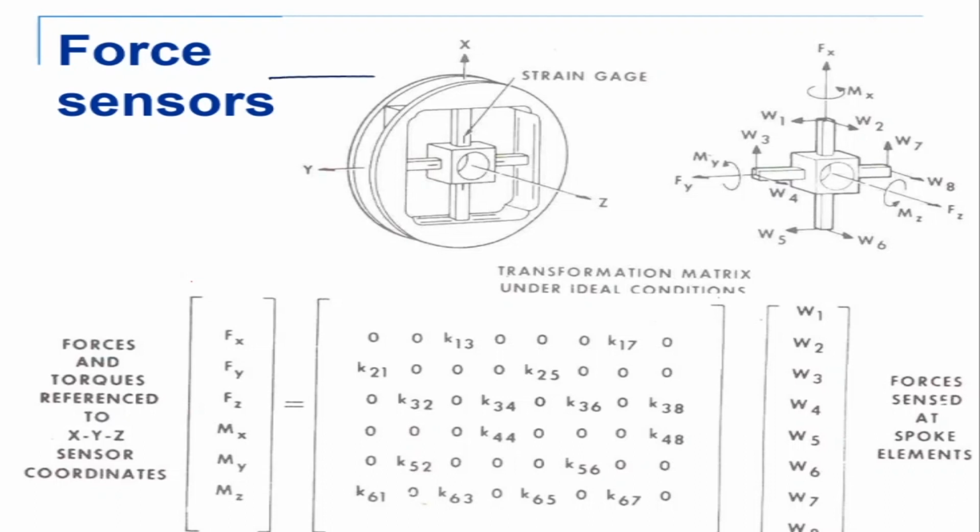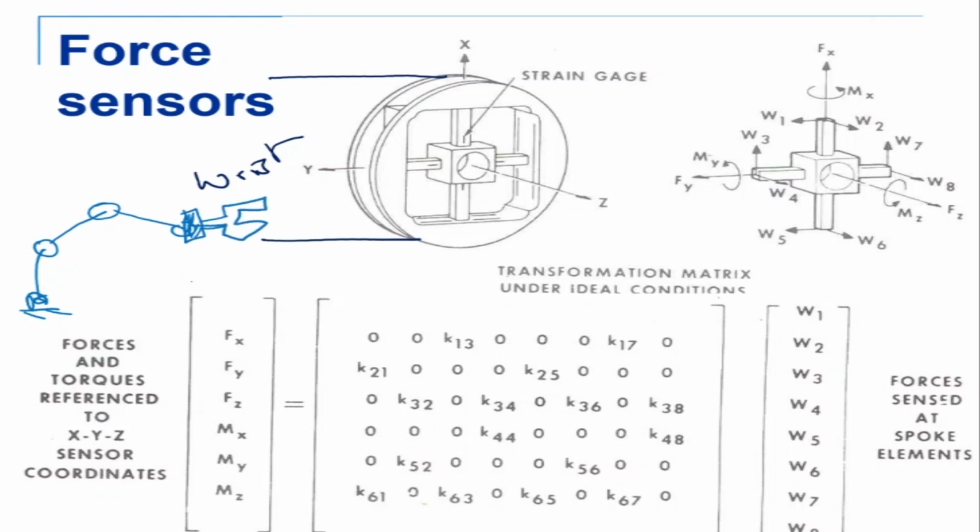So this is the wrist of the robot. Let me draw it here and explain how this works. On the wrist of the robot, I'll fix the force torque sensor, which is here, and the end effector is fitted there.